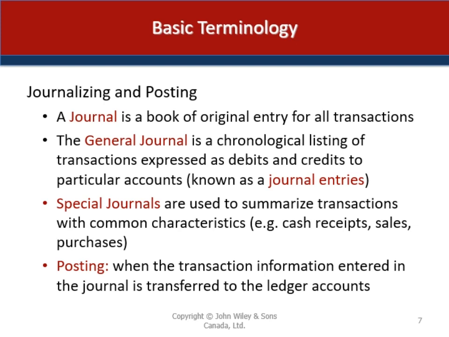Commonly for sales on account, you have a sales journal that would record all of the sales on account, and so you would have one column that would represent the amount of the sale, and it would be referenced to the particular accounts receivable, and it would be cross-referenced with the accounts receivable subledger, which we'll talk about in a moment.